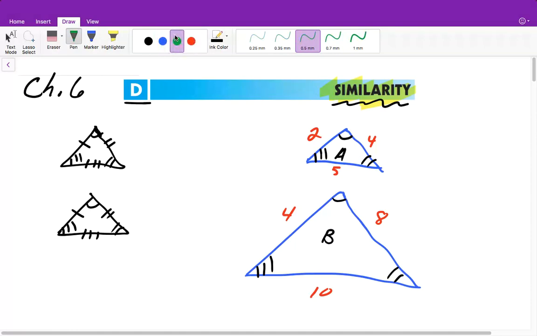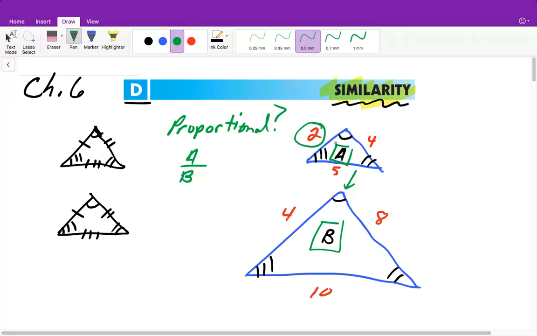And what you have to do is see, are they proportional? There are going to be a few shortcuts that we will learn as well, but proportional means that they will create the same ratio. So if I'm going from one triangle to the other, triangle A to triangle B, all of my ratios must be written in that form.